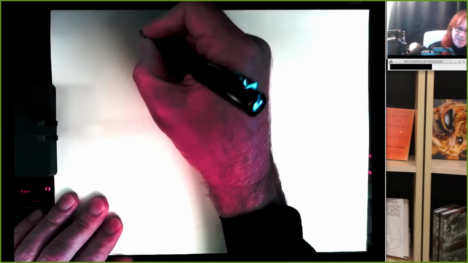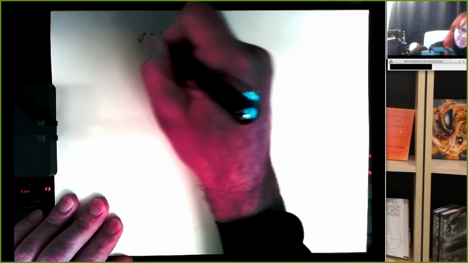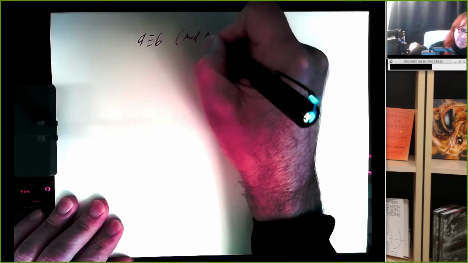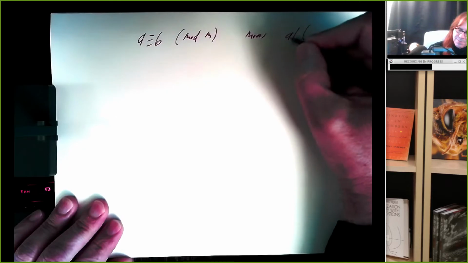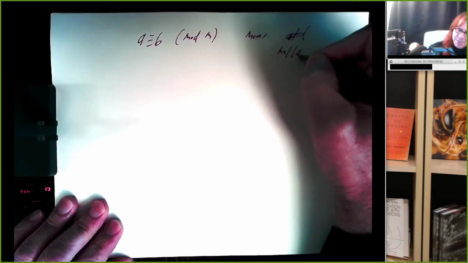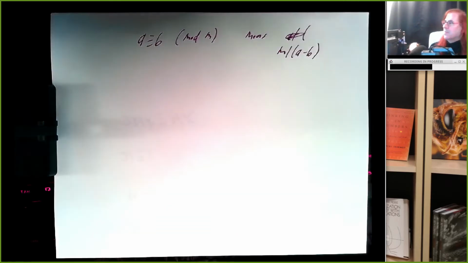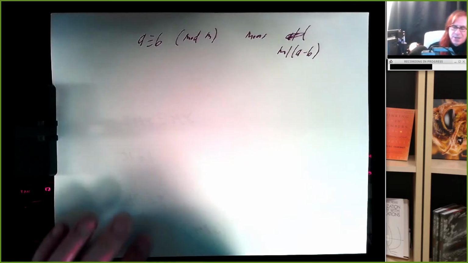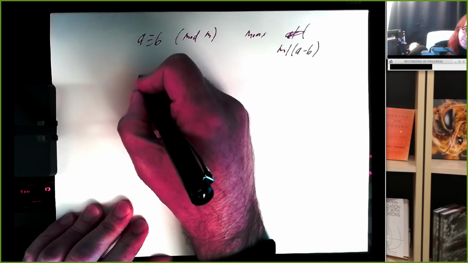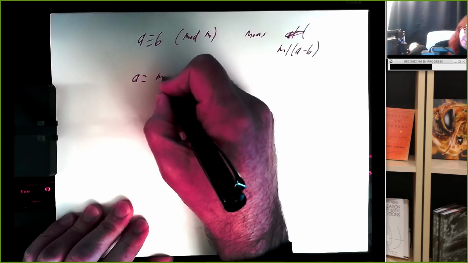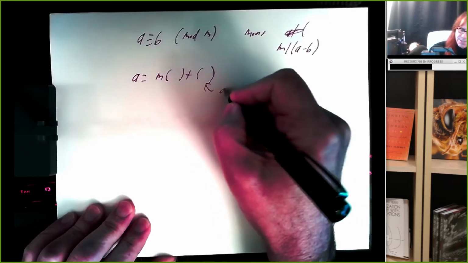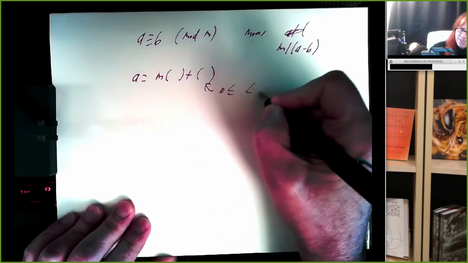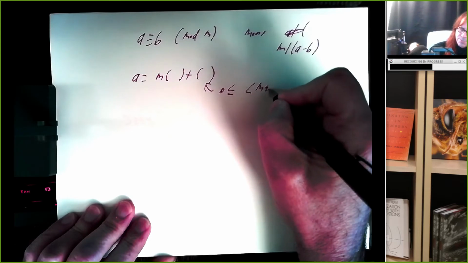We have this notion, A congruent to B mod M, means M divides A minus B. And we have this division algorithm which says that we can write A as M times something plus something else, where this remainder is between 0 and M minus 1.